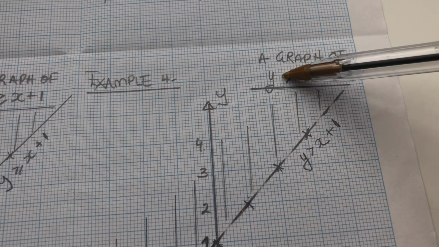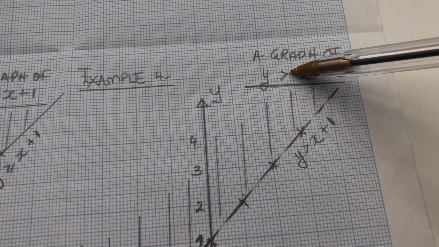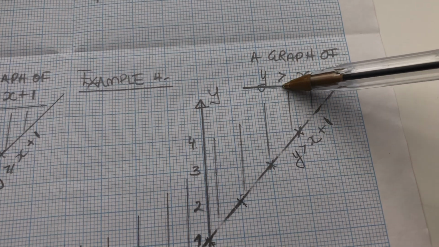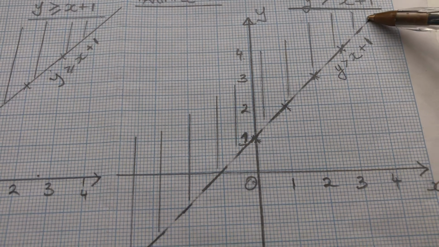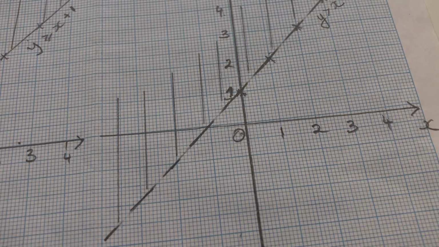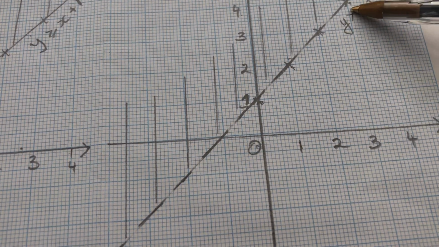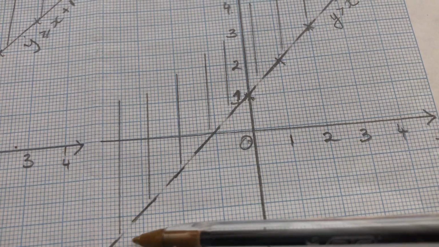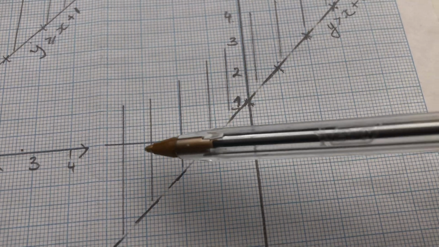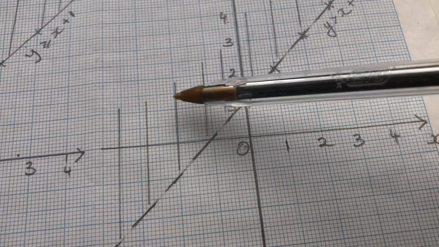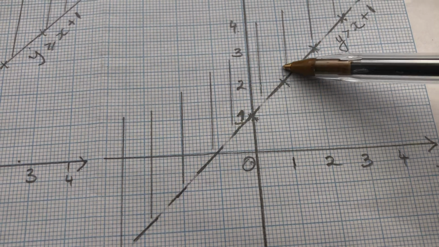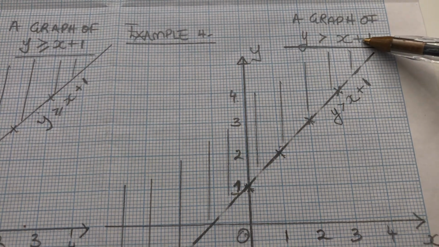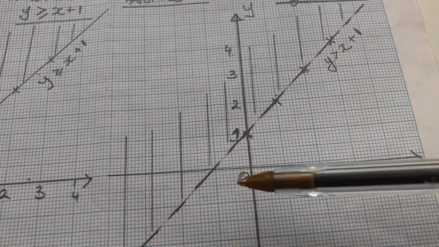But because here y is greater and there is no equal to sign, we can decide to represent the line with broken lines, or draw the straight line and not touch the line. We need to leave a distinct space so that our shading doesn't touch the line.